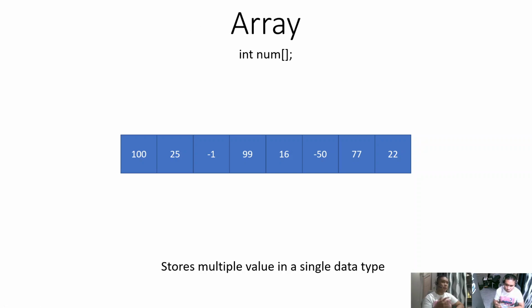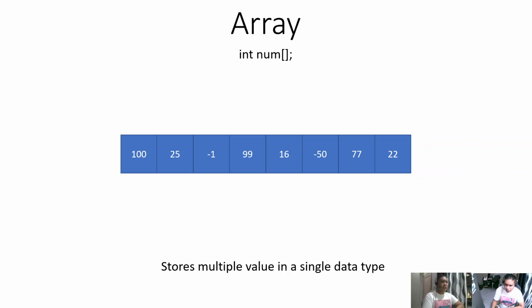It's the same as what we did with a variable num, but here we just add an open and close bracket after the name, which tells the compiler that this is an array, not a variable.